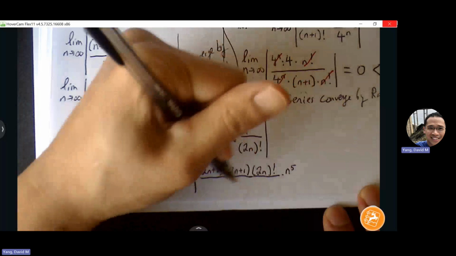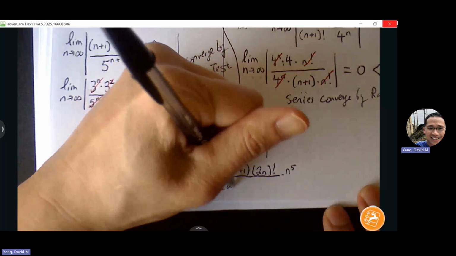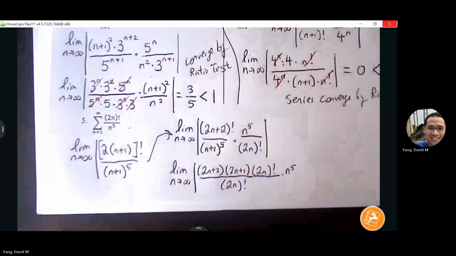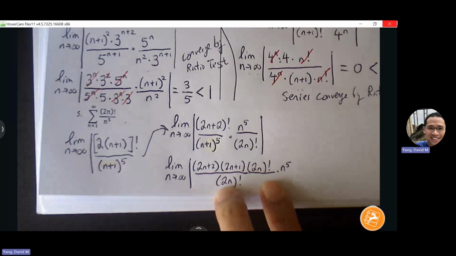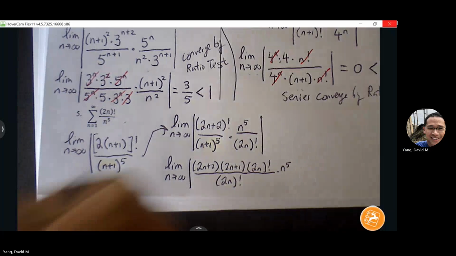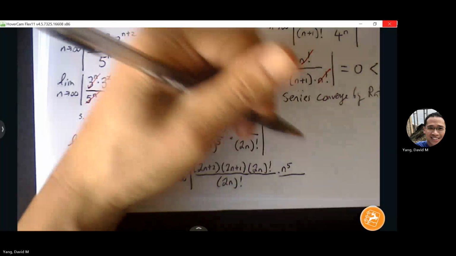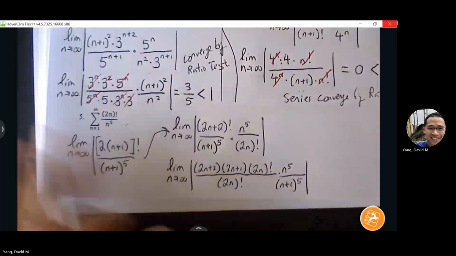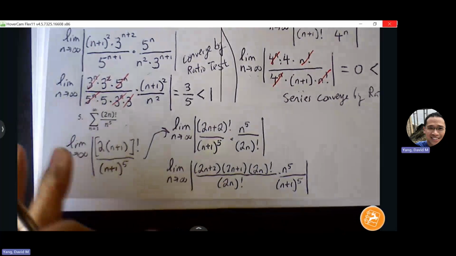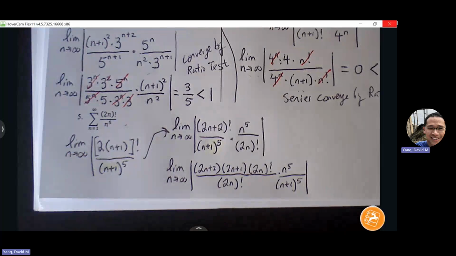I could split the 2 in the n, but I don't need to since I already see a matching pair with my denominator. I'm just putting the n to the 5th and n plus 1 to the 5th together here.